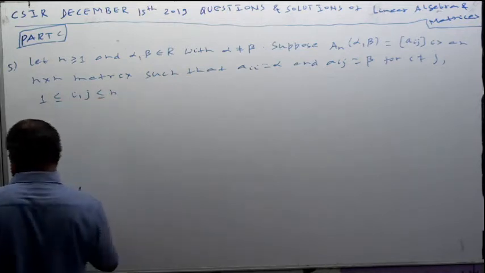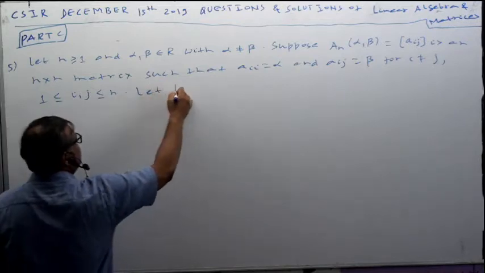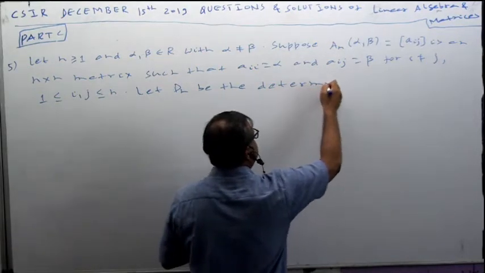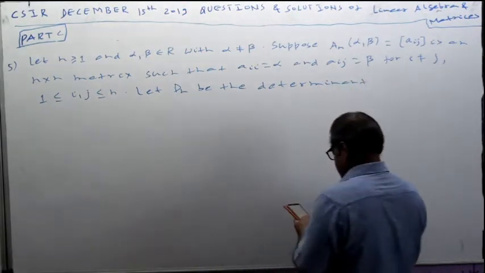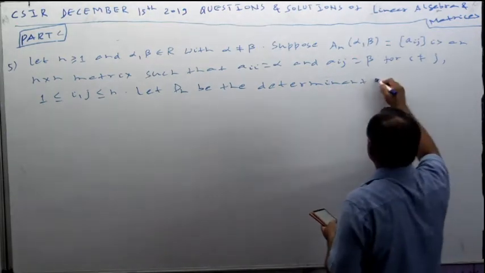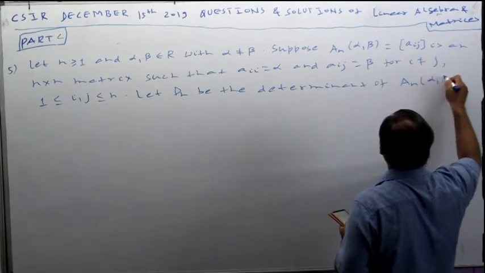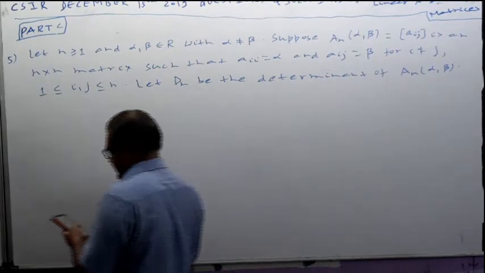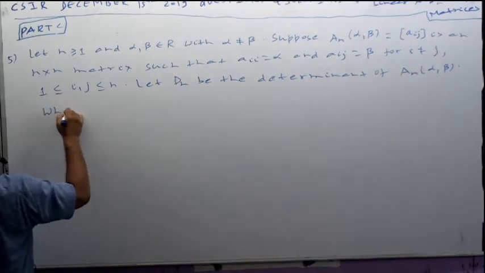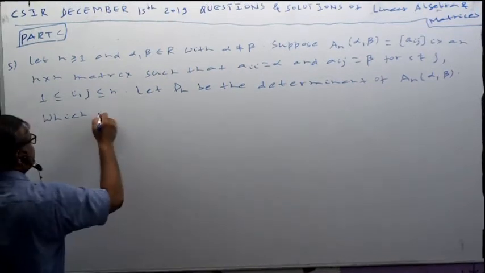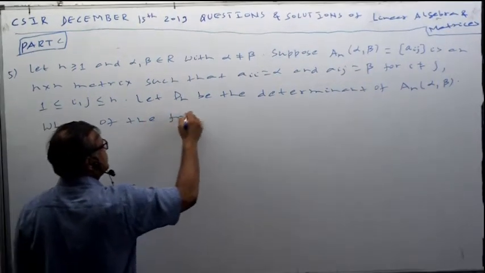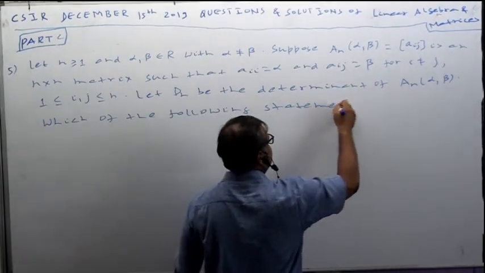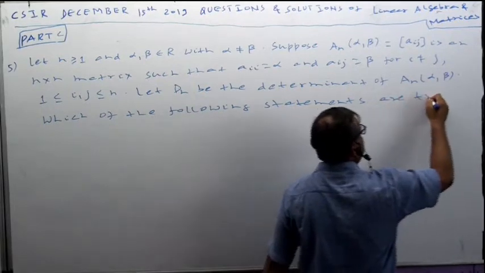Let Dn be the determinant of A(n, alpha, beta). Which of the following statements are true?